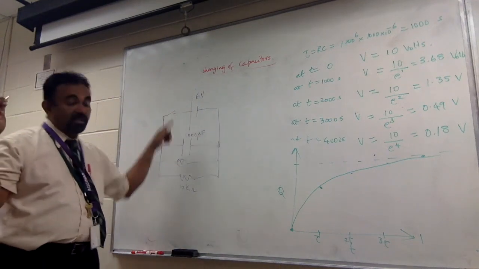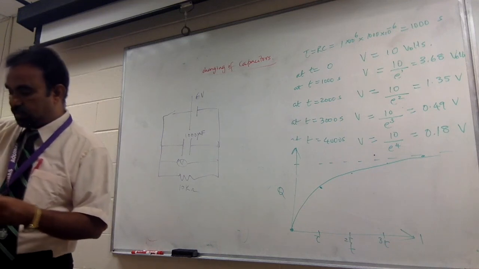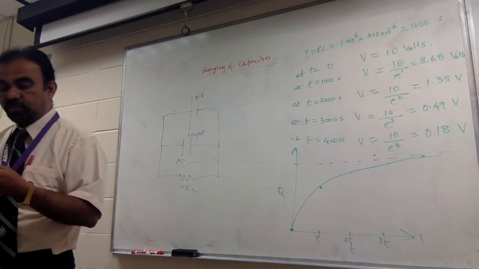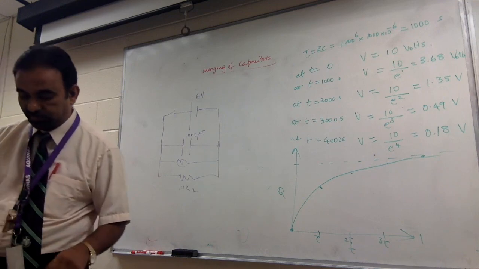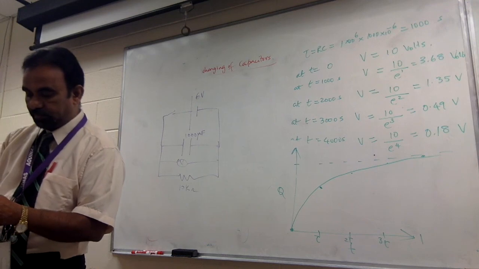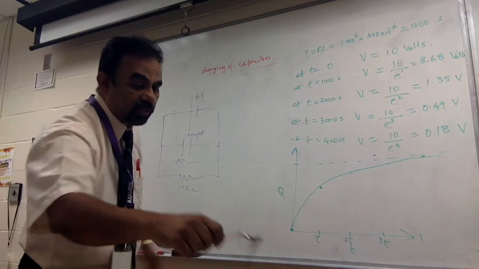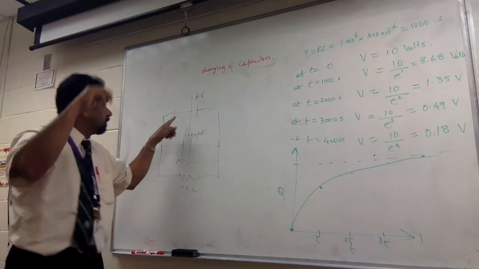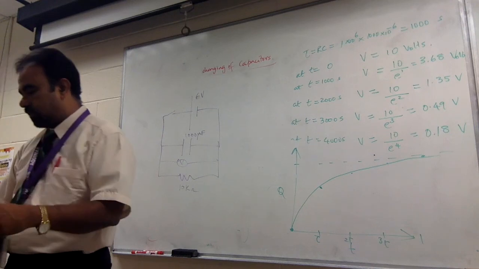So positive, that's a positive, and it's supposed to go to the positive of the capacitor. So that's done. And then I need a wire to connect the negative to the negative of the capacitor.